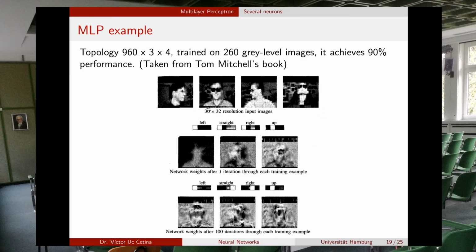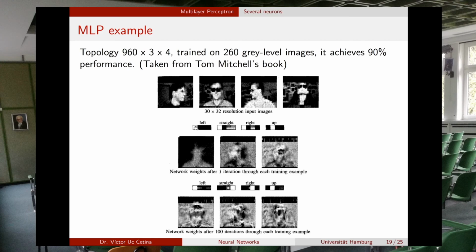So in these plots here, you can see how after only one iteration of the backpropagation algorithm, the network is still having problems to classify the images. So in this case, you get activations in 3 output neurons.